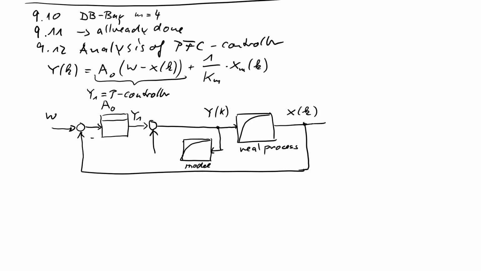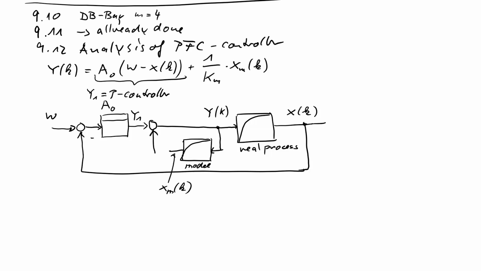The gain K and T of both model and real process should be the same, otherwise this doesn't work properly. And the output of the model is the signal xm of k.